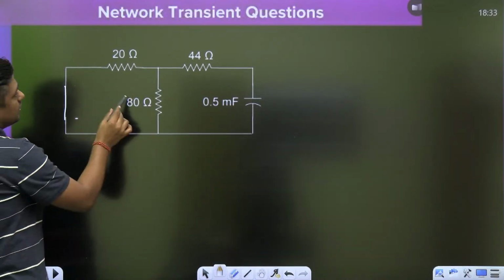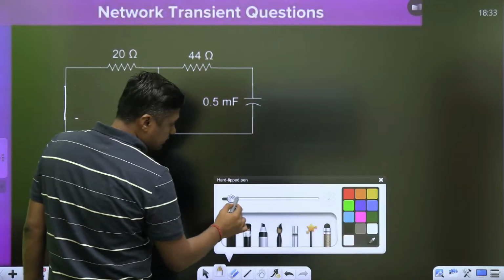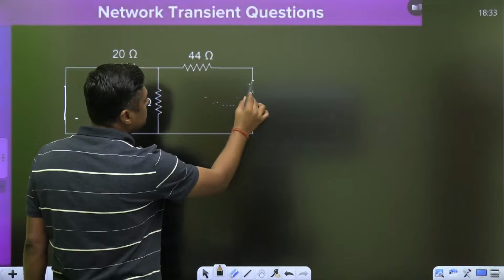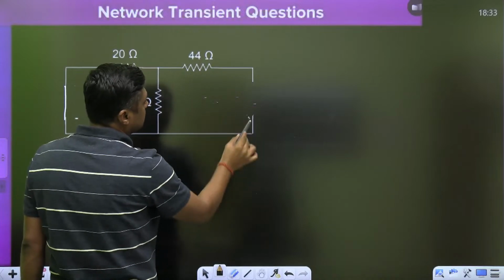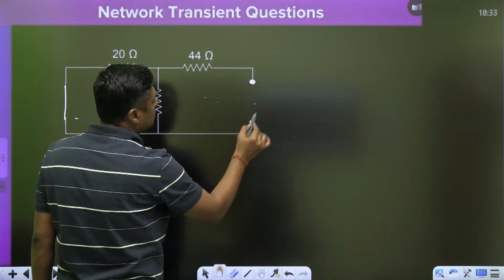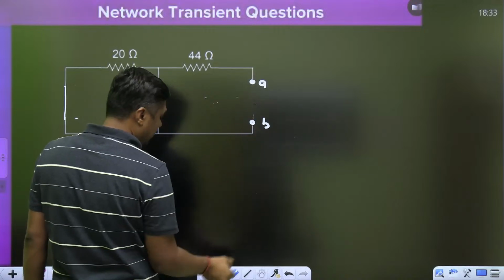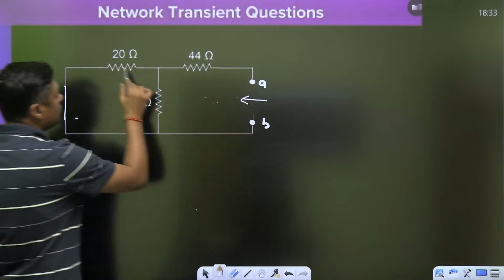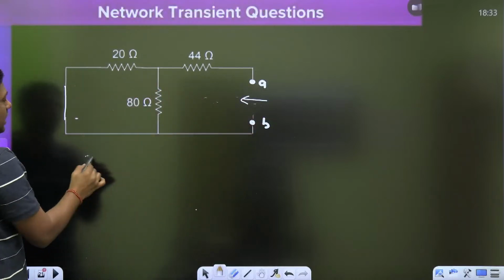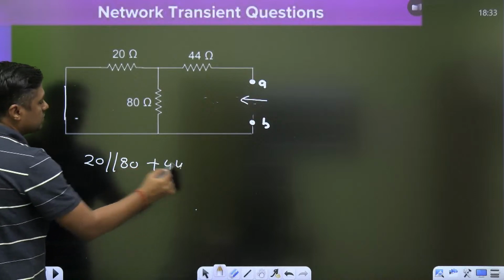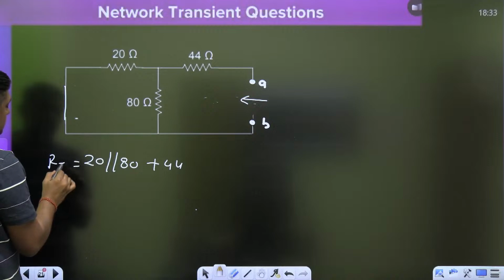Second thing, make the capacitor open circuit, because we have to find the Thevenin's here across A and B. Now what is the resistance seen here? 20 and 80 are in parallel plus 44. That is the RTH.